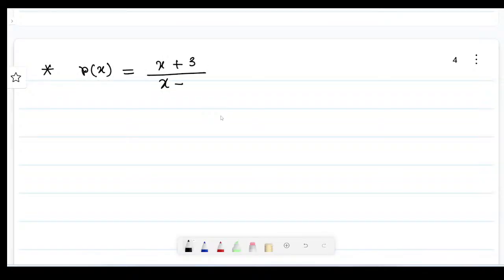Now my question is, is this a polynomial? Think carefully, then we will answer it.